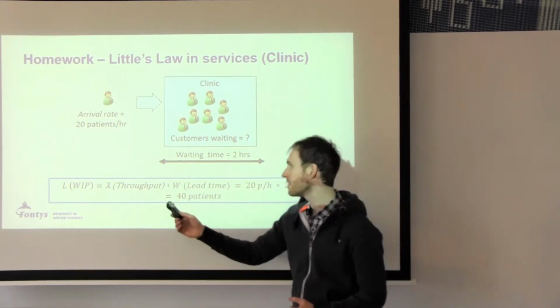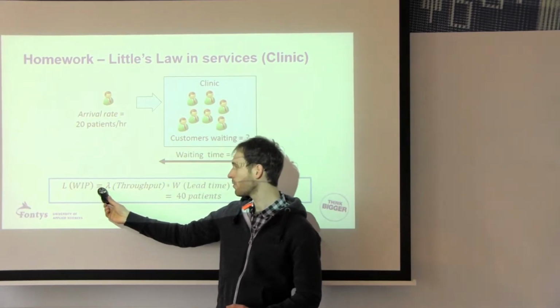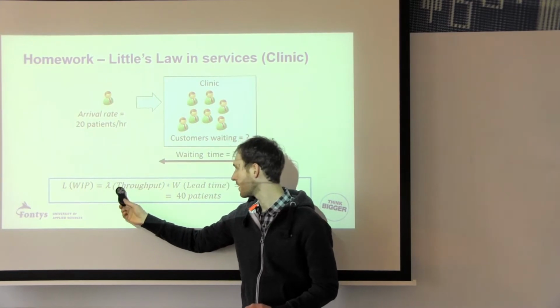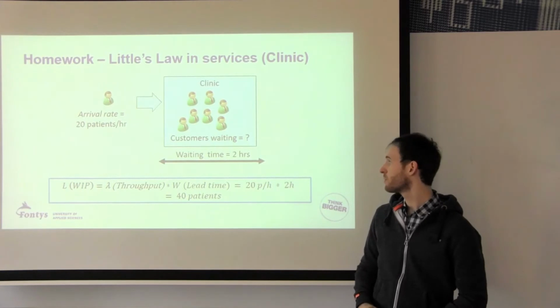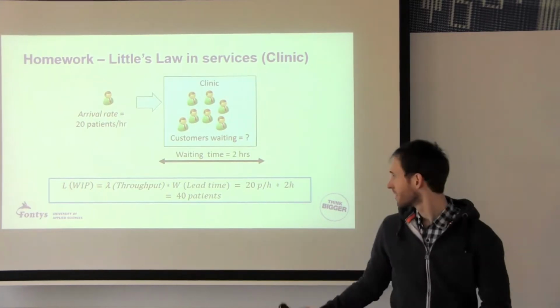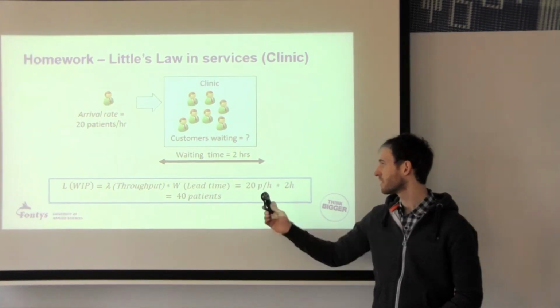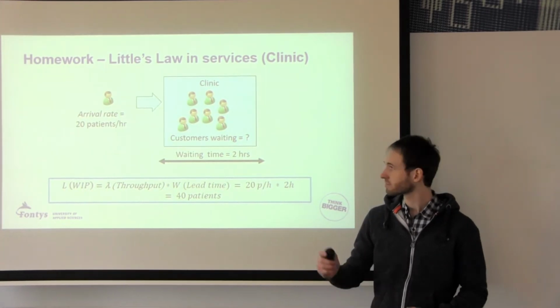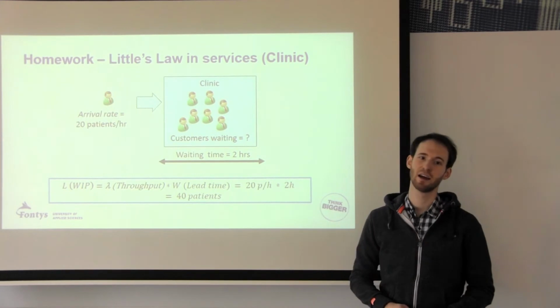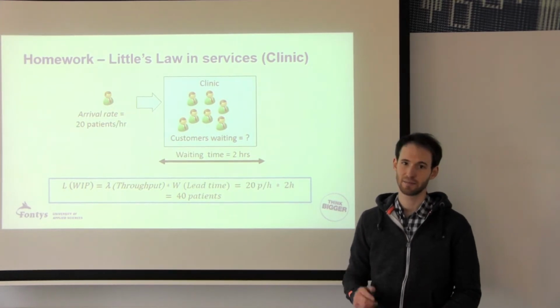So work in progress equals the throughput multiplied with the lead time. The throughput was 20 patients an hour, the total lead time was 2 hours, giving us 40 patients in total as work in progress. And that was the first part of the task.